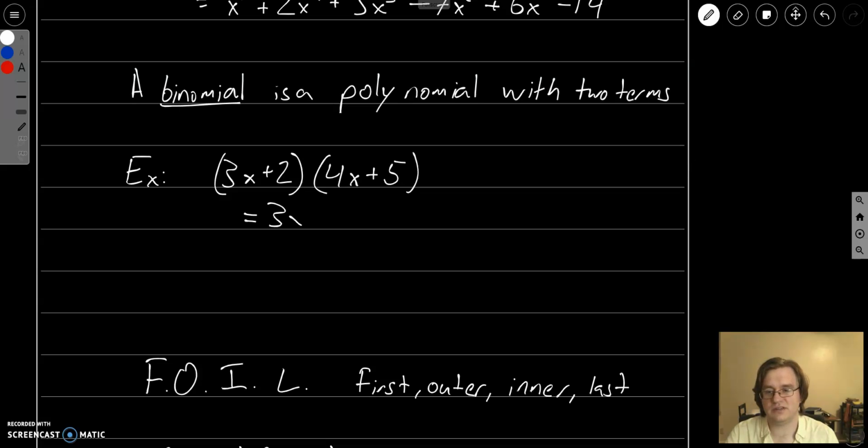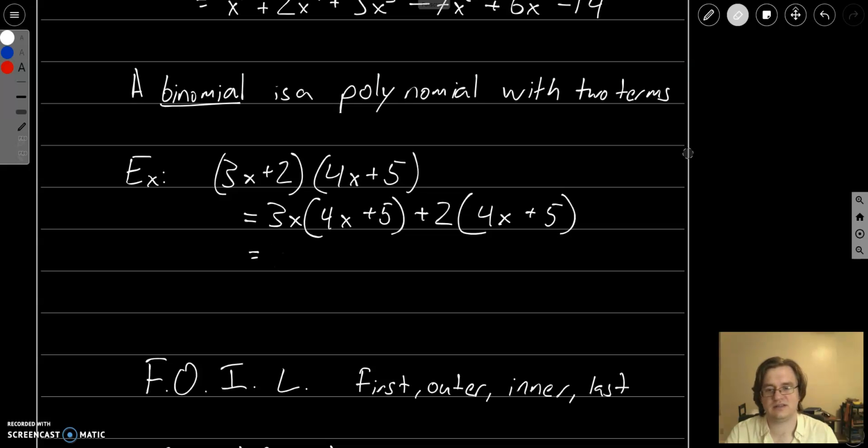Again, I'll take the first term in the first polynomial and multiply that by the second polynomial. And I'll take the second term, which is going to be 2, and I'll multiply that times both terms over here. And again, I will distribute, so the 3x times the 4x.